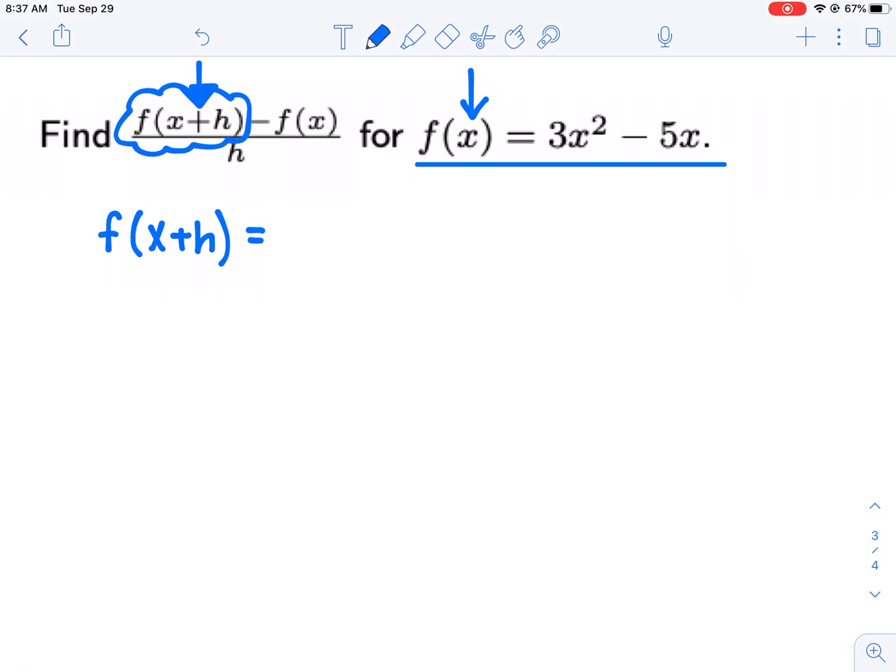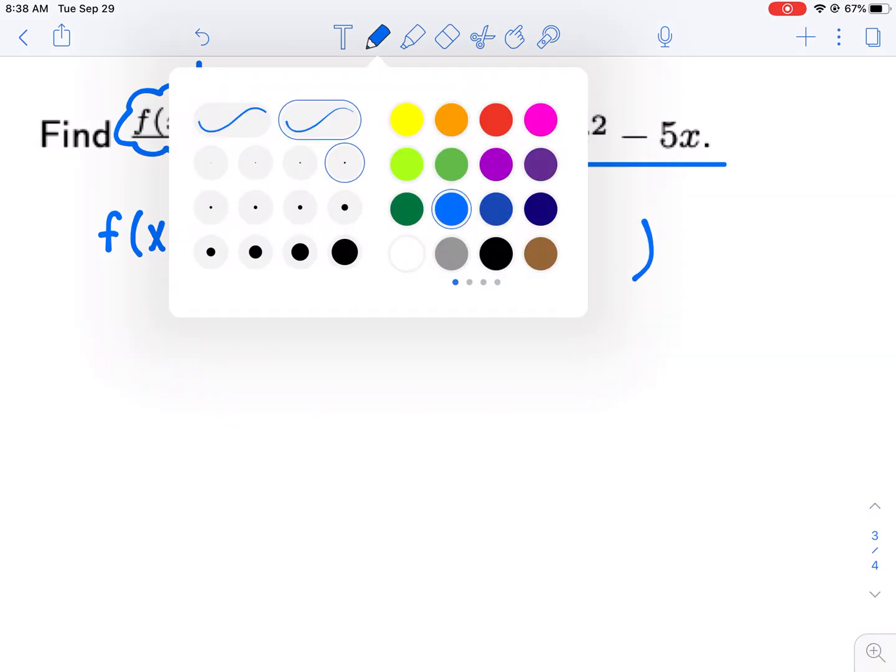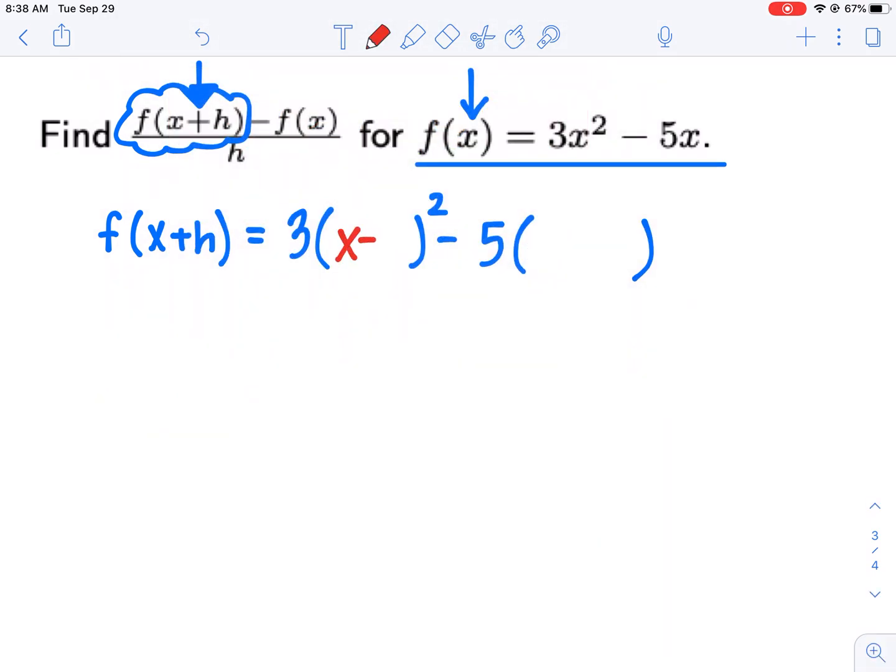Pretty big. I'm going to look at the function on the right and plug in an x plus h everywhere I see an x. So it's going to look like this. There's an x. There's an x. But I'm not just plugging in x anymore. I'm doing x plus h. X plus h. A little function notation for you.